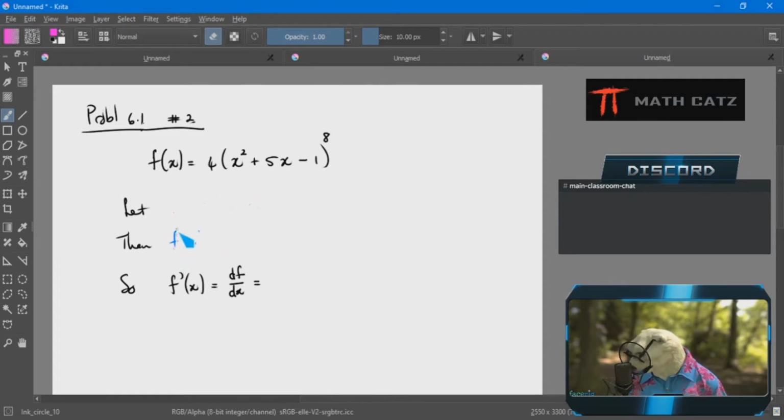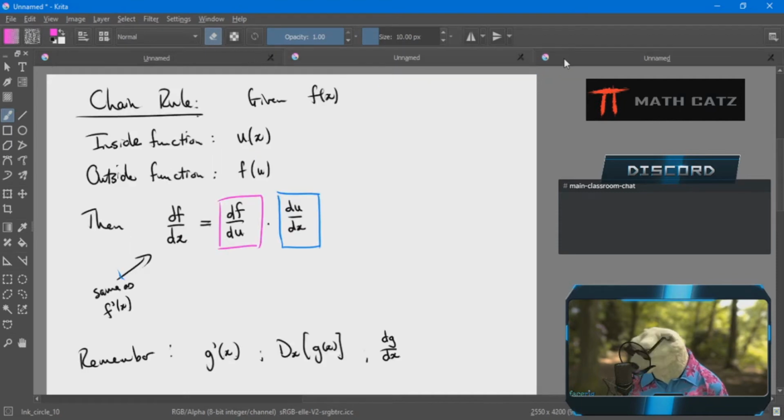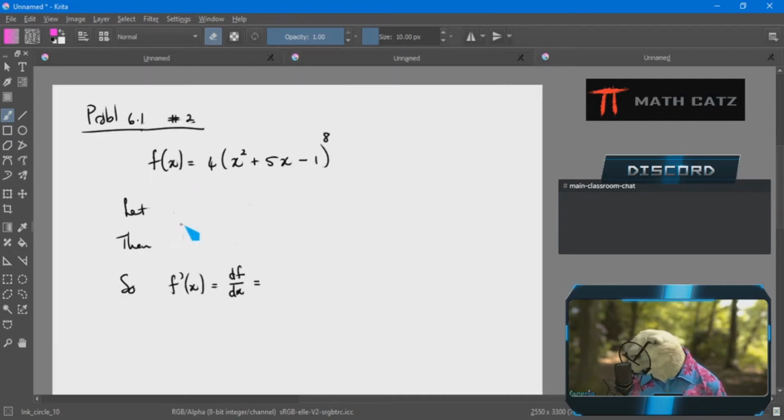That was a boo-boo. Big boo-boo. Okay, we are in pink. We called the outside function pink, so it should be this one. For u to the 8. And then the blue is u. You can call it u as a function of x, which it is. There we go. Back on track.